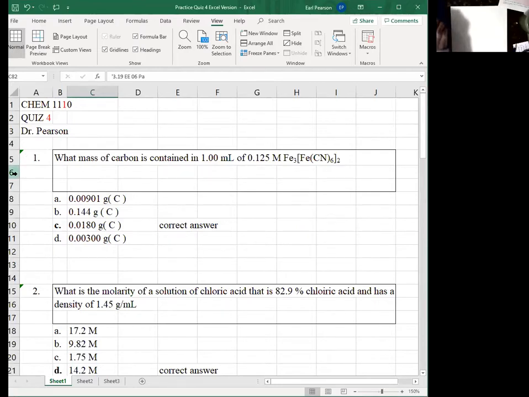Number one says, what mass of carbon is contained in 1 milliliter of 0.125 molar Fe4[Fe(CN)6]3, taken twice?